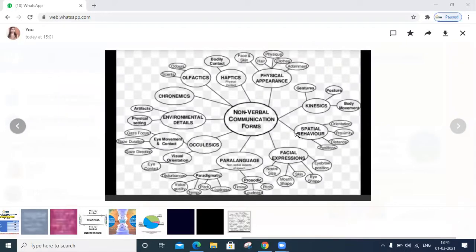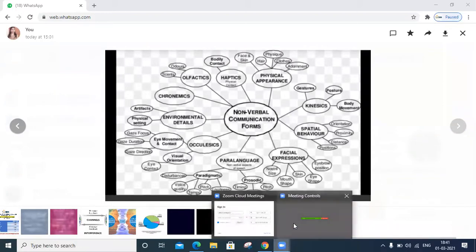See, this one is spatial behavior. Spatial behavior is another very important aspect. What is spatial? Who will tell me? You can tell me through chat or simply unmute yourselves.